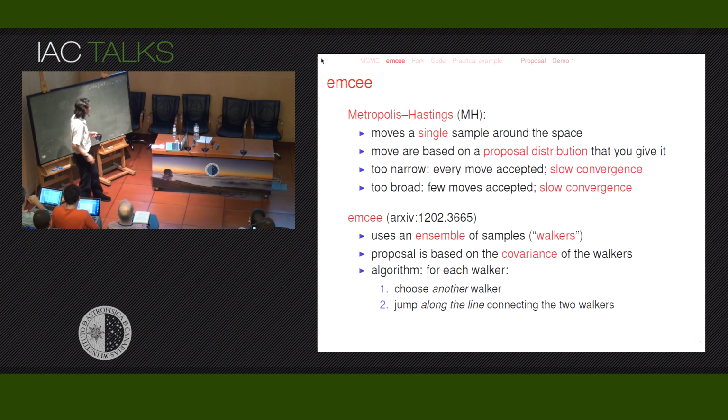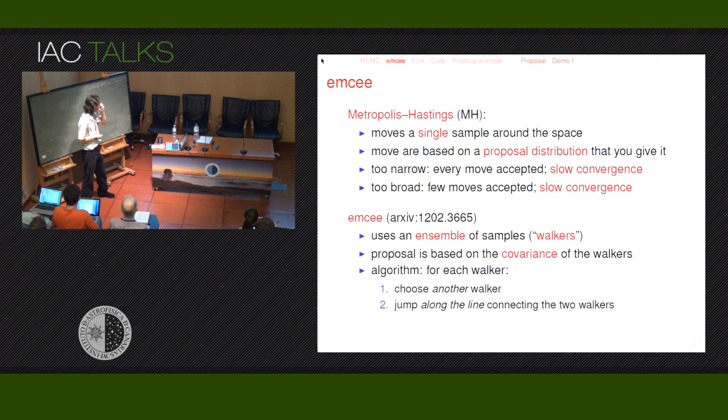So MCMC is one alternative to this kind of sampling. And the idea here is, instead of using a single particle and moving it around the space, we're going to use a whole group of particles at once, and use the covariance of those particles as the distribution, as the proposal.